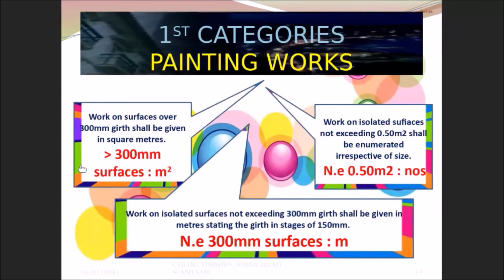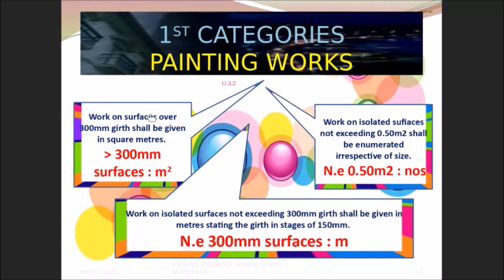This one is also an important clause that you have to refer to, U.3.2. Remember cruciform? Last time we measured according to U.3.2. Cruciform, if you have the surfaces more than 300 mm, you have to measure in meter square, not exceeding 300 mm and isolated in number, but not exceeding normally in meter.